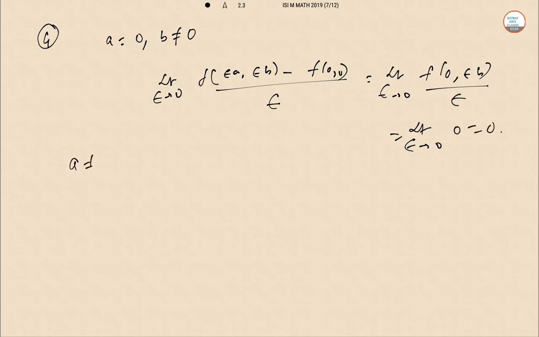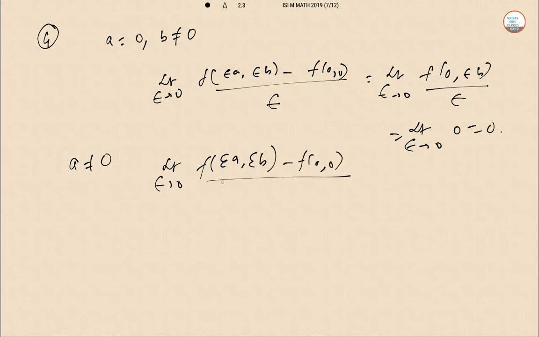Now let a not equal to 0. So the directional derivative this time will be limit epsilon tends to 0. Same thing, f of (epsilon a, epsilon b) minus f of (0, 0) by epsilon. So the limit as epsilon tends to 0 will be f of (epsilon a, epsilon b) by epsilon.